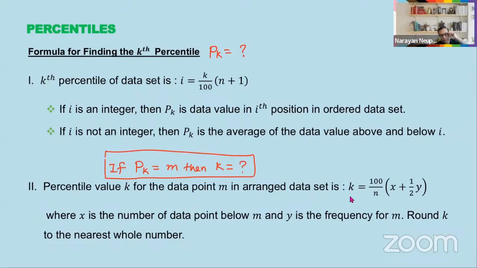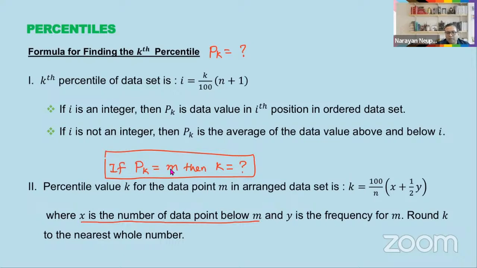We use this formula. Look here. K is equal to 100 divided by n, times x plus half y. N is the sample size, whatever number of data will be given to you. X is the number of data points below M. So how many numbers are there which are less than M?